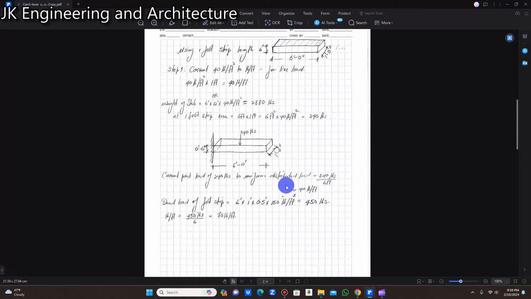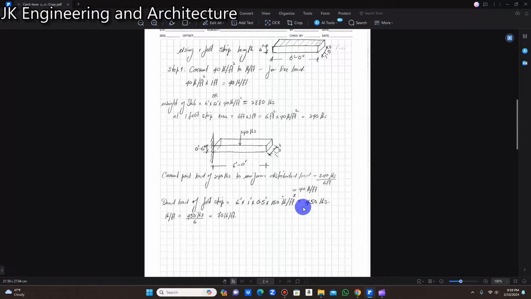So the unit weight of reinforced concrete is 150 pounds per cubic feet. If it was unreinforced concrete, it would be 142 pounds per cubic feet. But since we are going to have reinforcing bars in this 1 foot strip, we have to account for the weight of the bar.